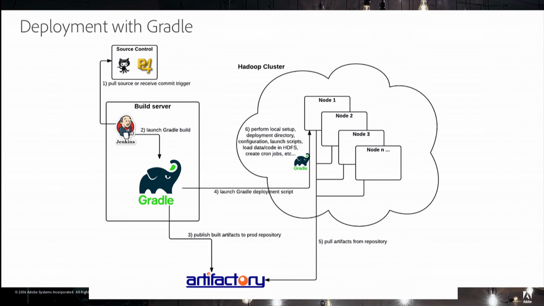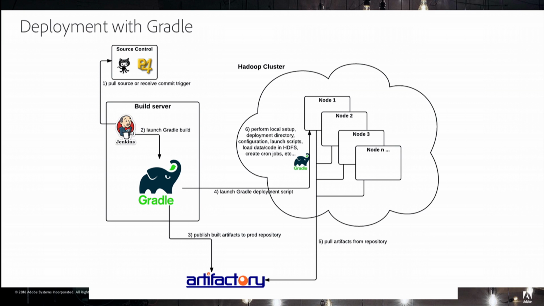Use Jenkins to kick off Gradle, have it do a build, be able to publish artifacts from that build into Artifactory, and then launch a separate Gradle script on the remote server, SSH over, launch that, and then have it pull all the artifacts down and then do everything with those.